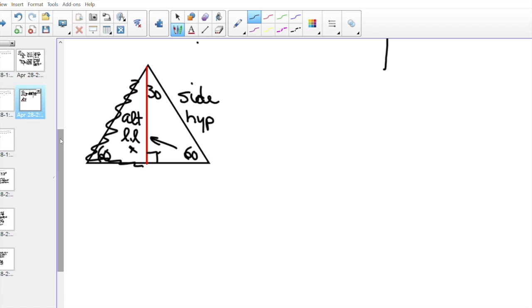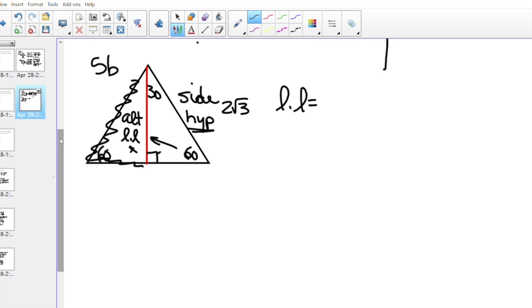Now the side on number 5B is 2 times the square root of 3. But in the 30, 60, 90 degree triangle, he's the hypotenuse. Now we're looking for the longer leg.